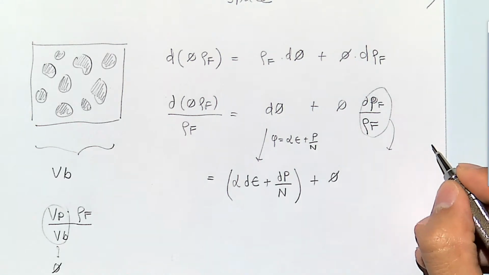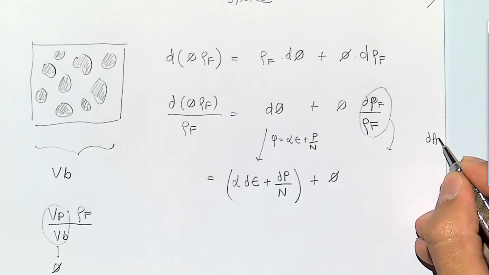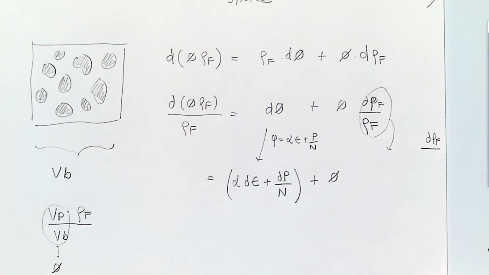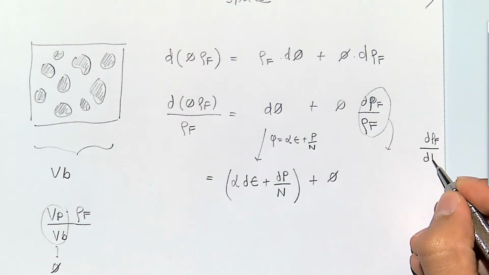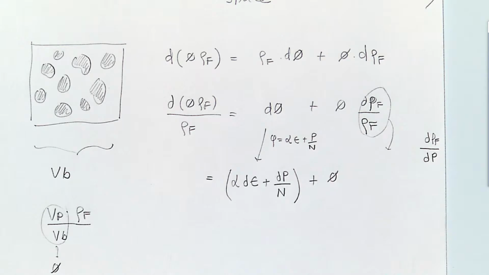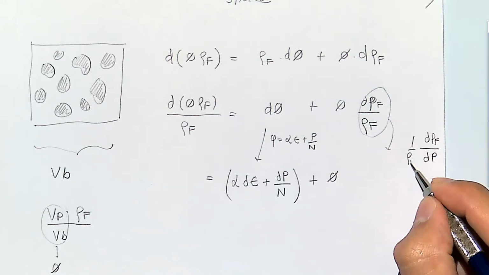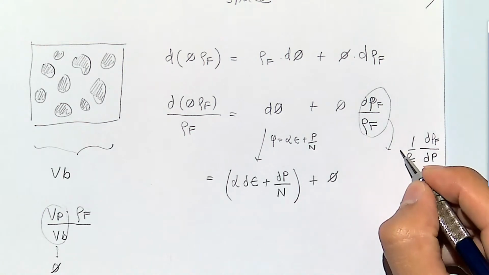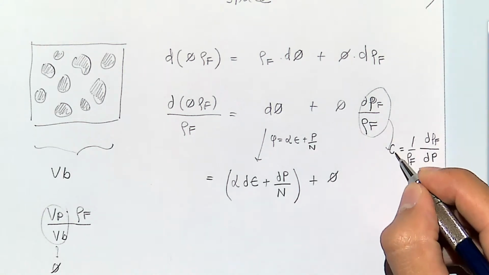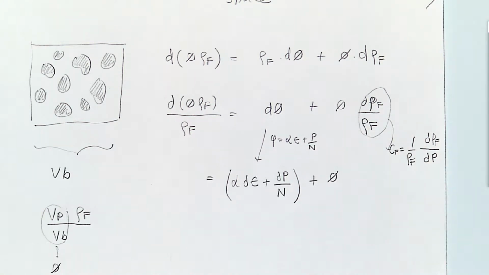I'll help you a little bit. Very well, compressibility. The variation of density of a fluid because of a variation of pressure normalized by the initial density of the fluid is what we call compressibility of the fluid.